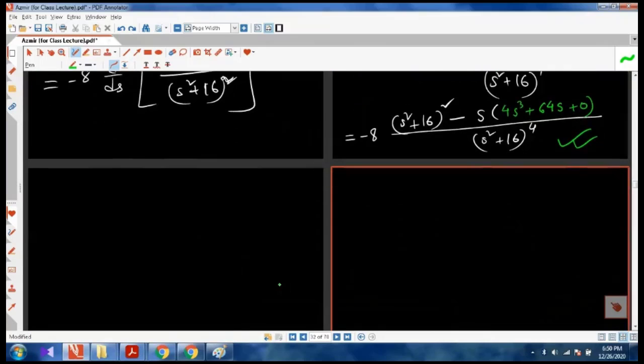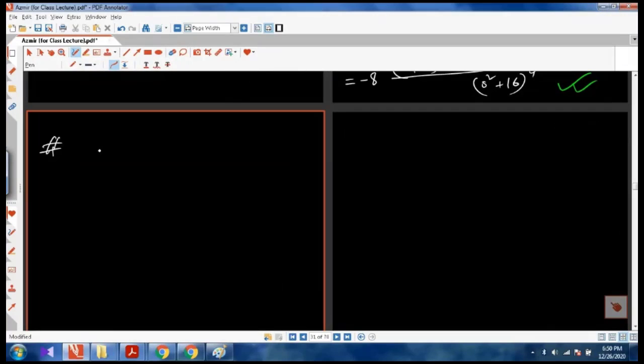Okay, yes, sir. Suppose you have to evaluate the Laplace transformation of e power 2t plus t squared plus, let's say, t e power 3t plus t sine t.